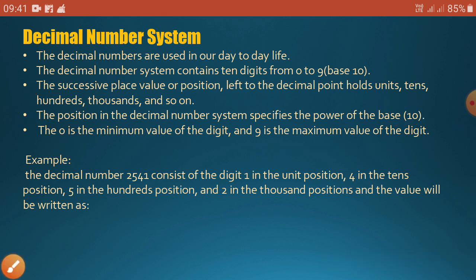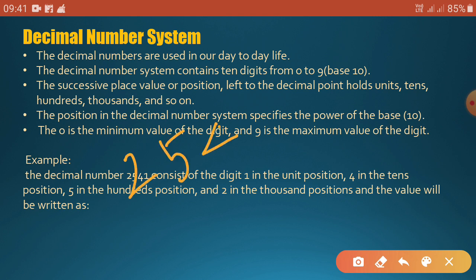So we know what the decimal numbers are. We regularly use these decimal numbers in our day-to-day life. We are taking one example, suppose 2541. Here we can divide it into successive place values or positions, starting from the left side.